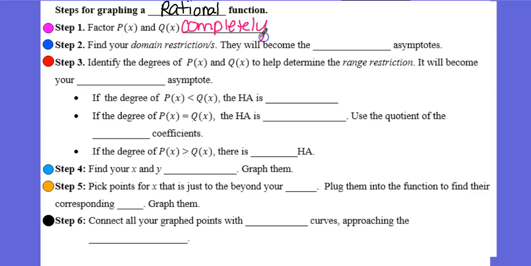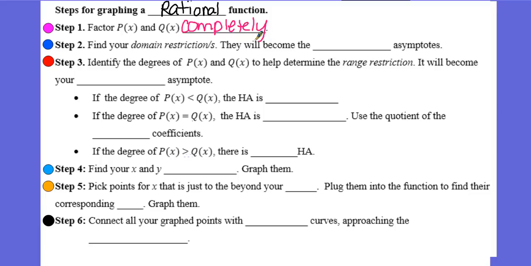At one point, we will be doing that. And we do it to simplify the fraction, to make a graph that's a little bit easier to manage. It also helps us to find our domain restrictions, which leads us into step 2.